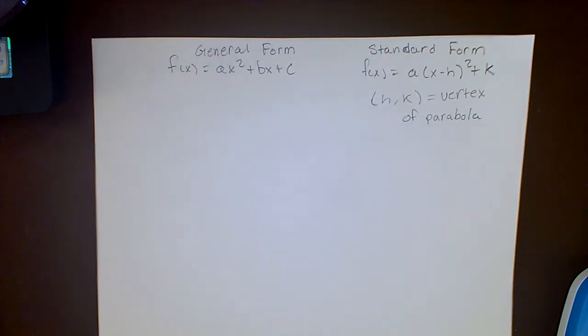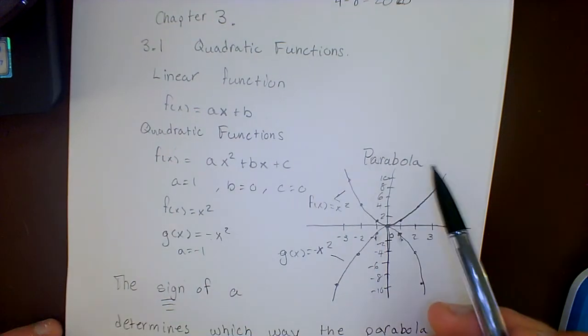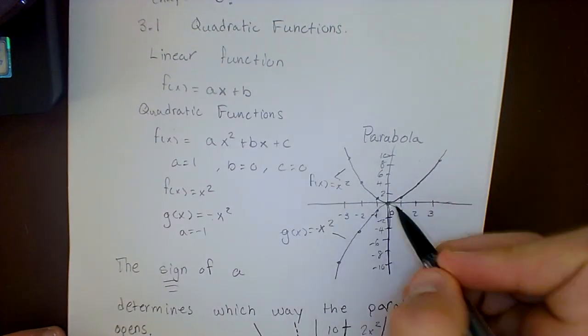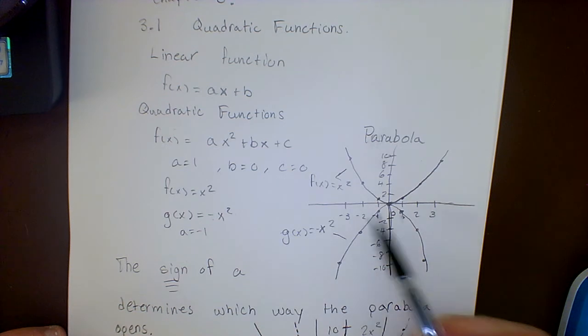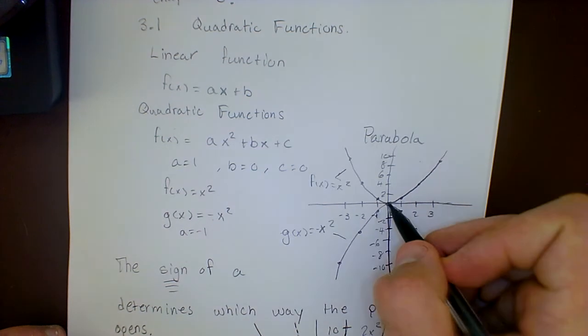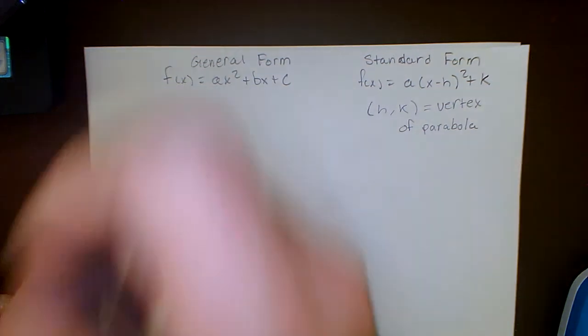You also might want to notice that if a is positive, then we have an upward facing parabola, and our vertex is a minimum. Now, if a is negative, we have a downward facing parabola, and our vertex is a maximum. That's another thing to keep in mind. So let me write that down.